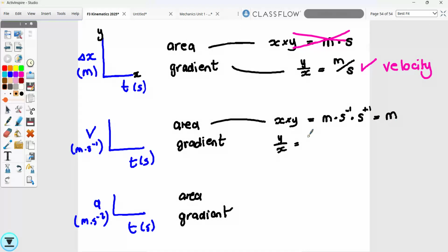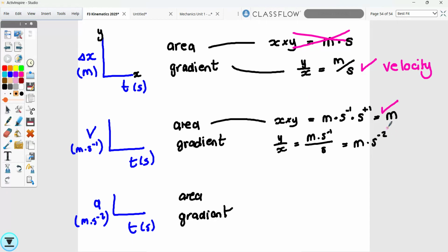For this one, it's meters per second again, divided by seconds. That's a minus 1 at the bottom of the line, but it goes up and it becomes meters per second squared. So you can see that this time there are two things.